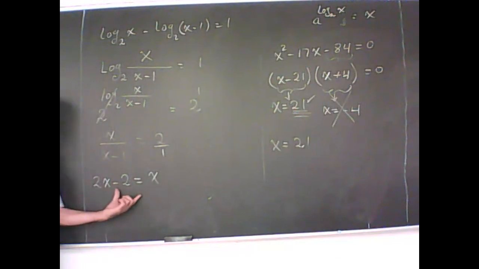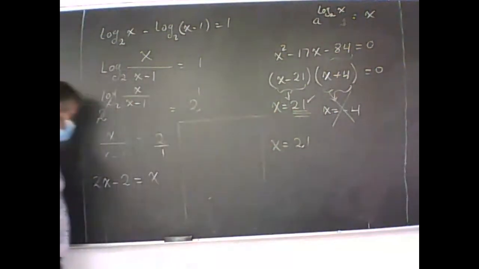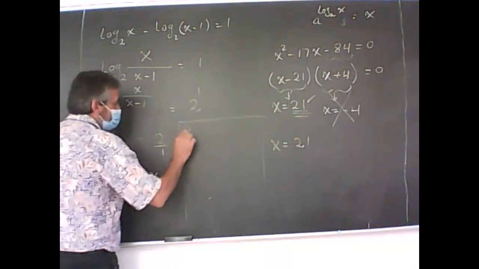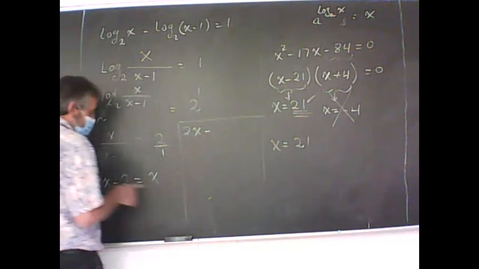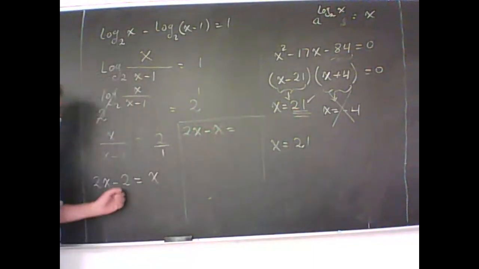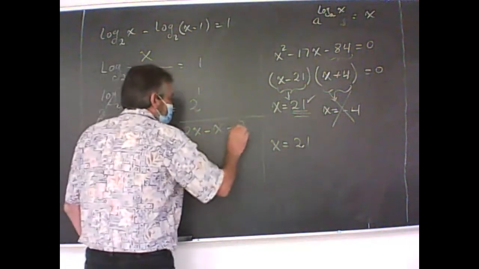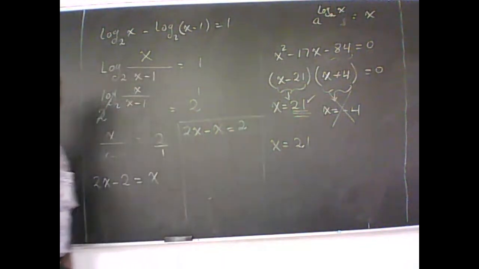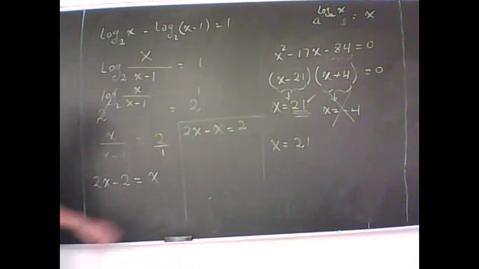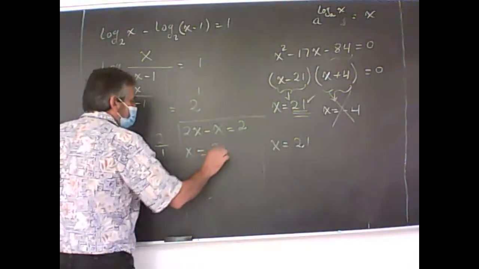And this is simply a linear equation. We need to bring all the x's together. So what do I have? 2x minus x, bring the x over here, equal, if I take the negative 2 to the other side, I get a 2. Now, 2x minus x is x, equal 2.